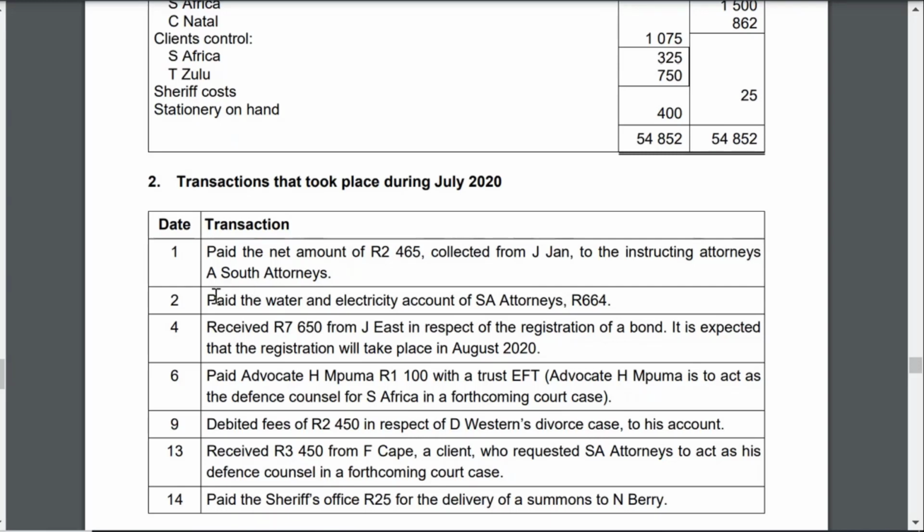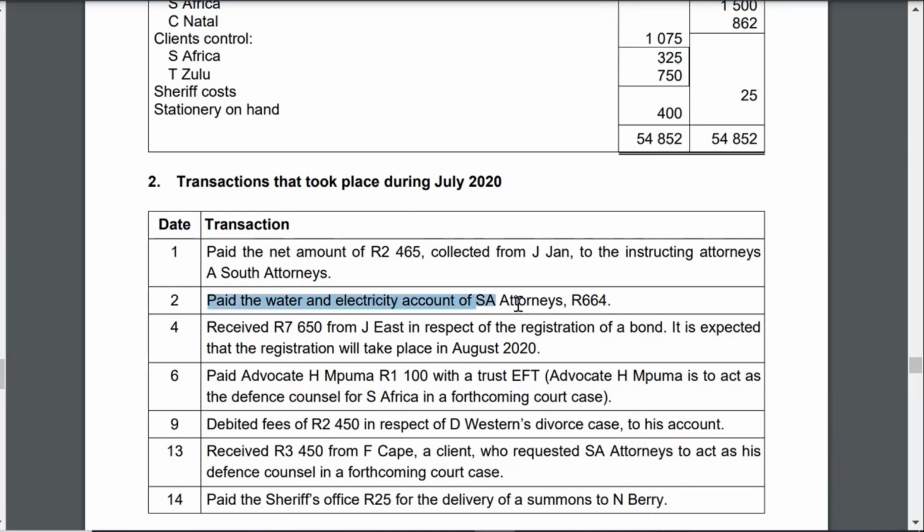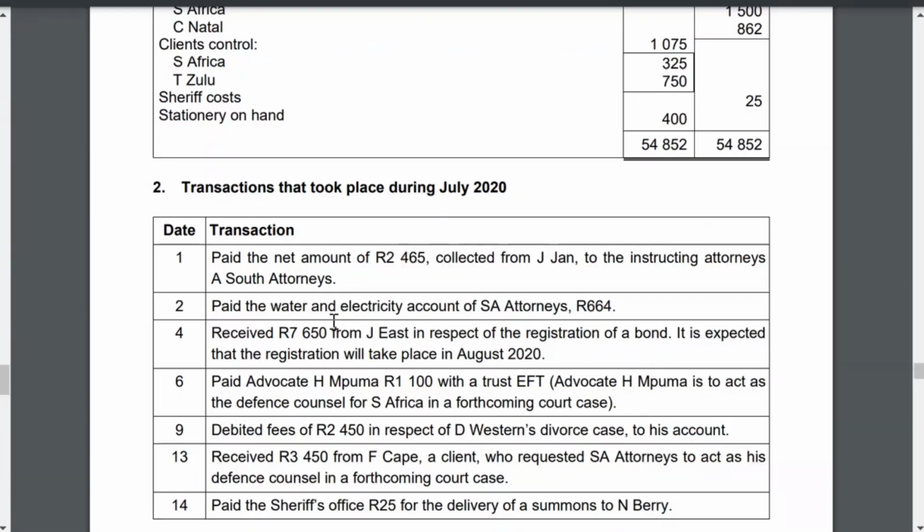Guys, the answer is, well done. The answer is business cash payment journal. Why is it business cash payment journal? The business, which is SA attorneys, is paying an expense, which is water and electricity, the expense of running the business. Do you agree with me, guys? This will be recorded in your business cash payment journal.